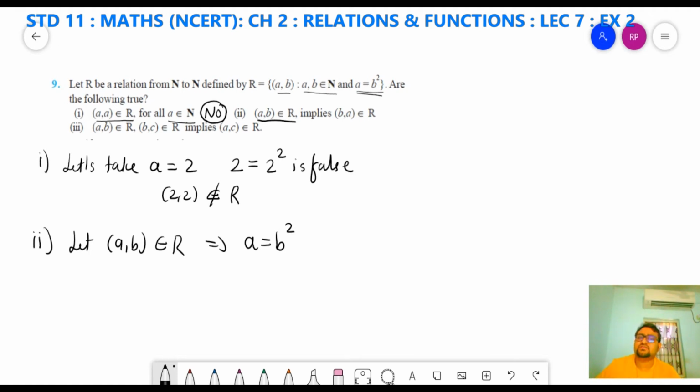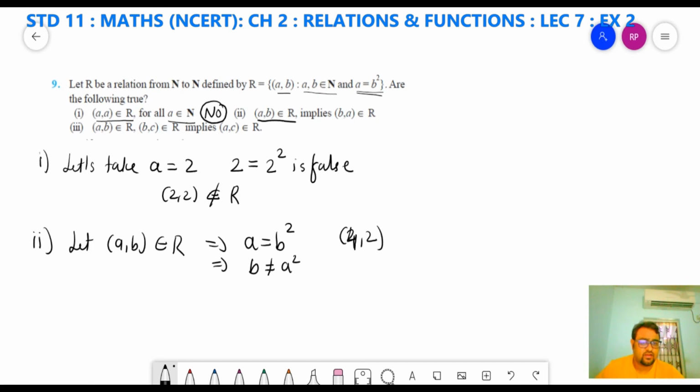Does it imply that b will be equal to a square? Of course not, this will not hold every time. So a is equal to b square implies b is not equal to a square. Just take an example, if I take (2, 4), 2, right?